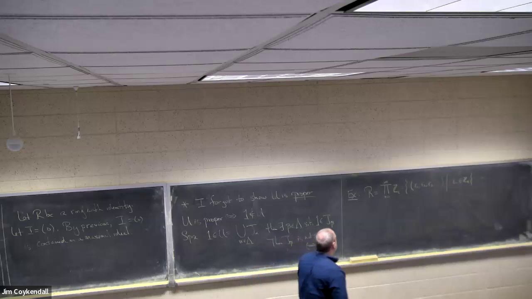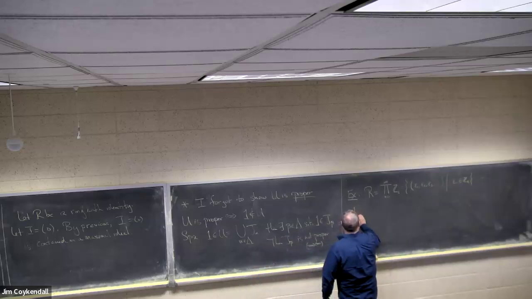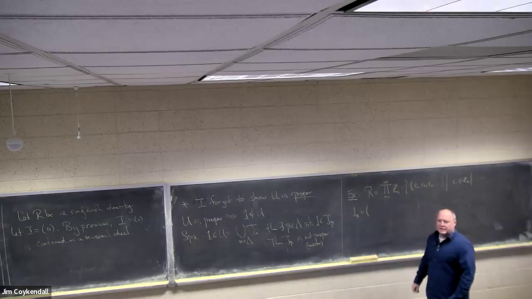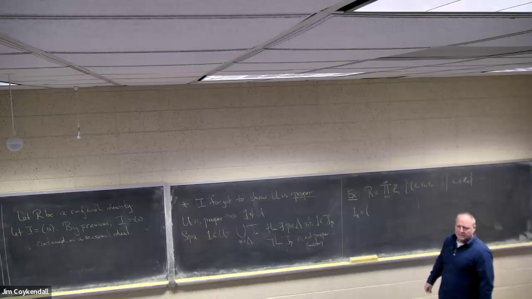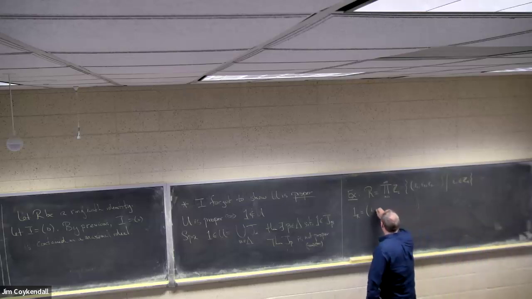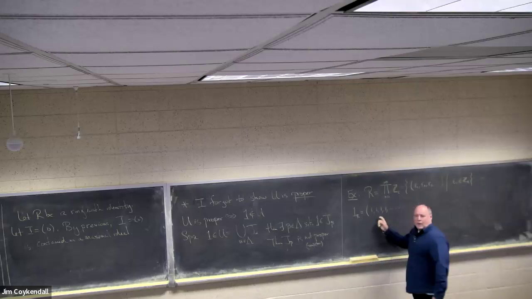By the way, what's the identity? We're adding and multiplying component-wise. Just ones, one across the board.